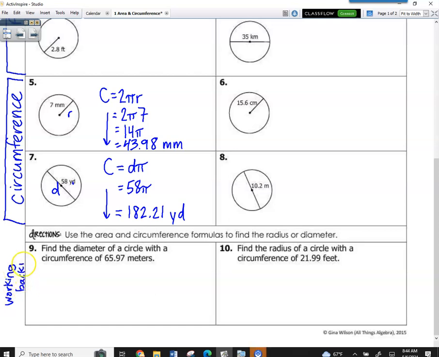Alright, working backwards. The first step to working backwards is write the formula. And you write the formula of whatever they give you. Like whichever one they're giving you, you write the formula. Step 2, plug in what you know.